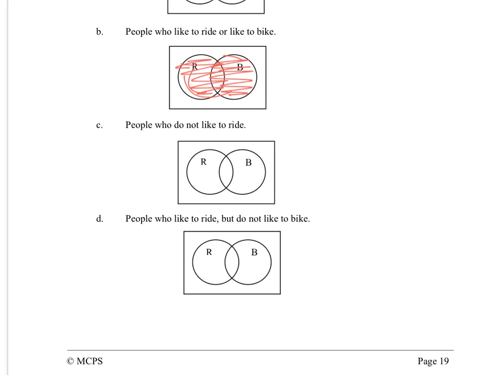Don't like to ride is going to be everything outside the ride circle. Who like to ride but not bike, so we can kind of see this moon shape, the ride circle, but not including those that like to ride and bike.